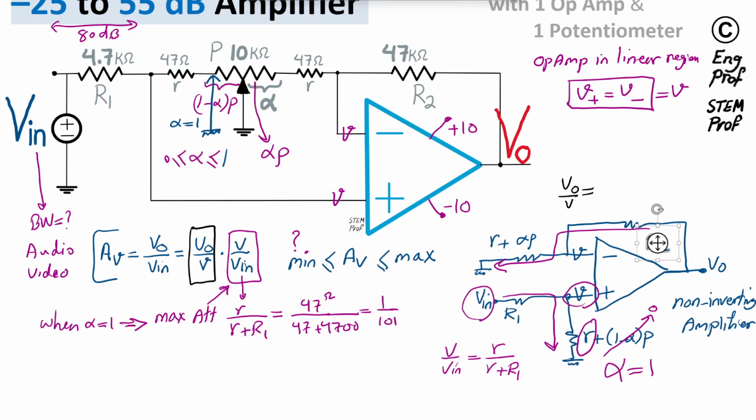There you go. Okay, so we have simply 1 plus R2 over R plus alpha P. That's the scaling factor, of course, for a voltage division that we have between these two resistors to get from V to Vout.